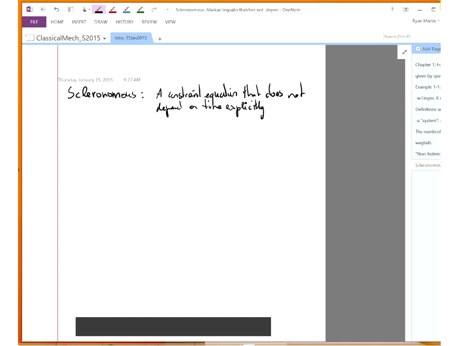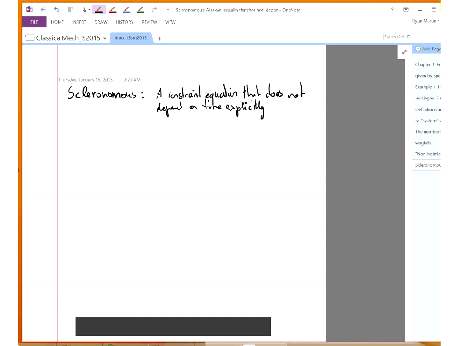But does it depend on time? It kind of does, right? Because let's say the bar is moving, then the position of the particles changes with time. So that equation does have time in it. If you actually want to calculate it, you'd have to put the time to know which position each particle is in. So it depends implicitly on time, but it doesn't depend explicitly on time.